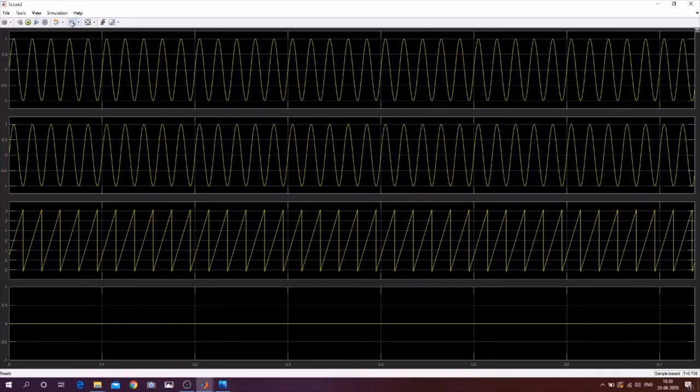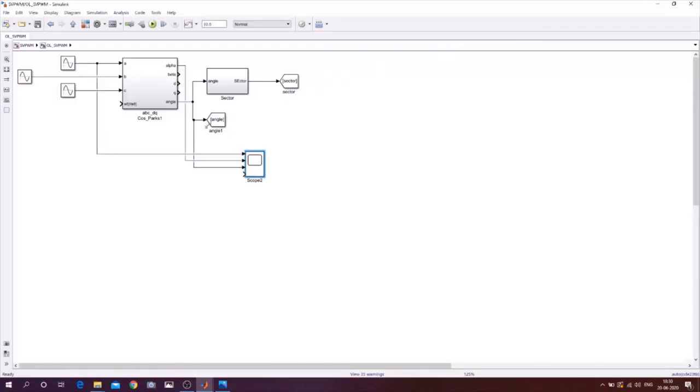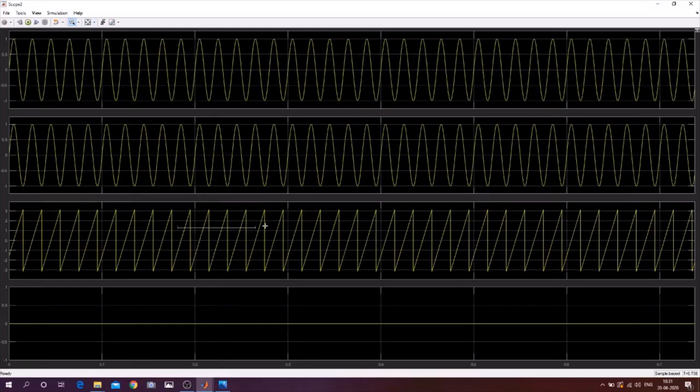Okay, so let us zoom. This is the sine wave of magnitude 1. The second one is the value of alpha that we are getting, and the third one is the value of angle.